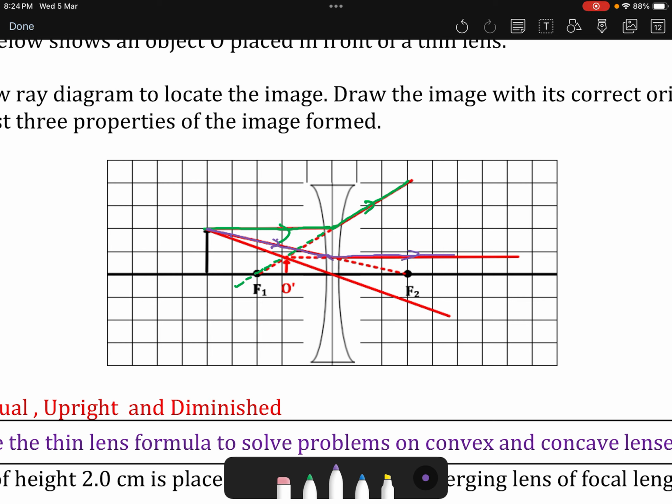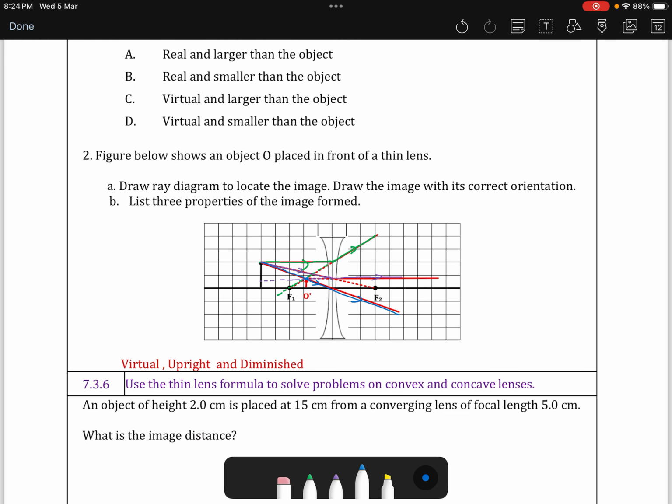Again, we take the origin. Last one, the middle, it will not refract. So as you can see, they all meet at this point. So the image is virtual because it's on the same side of the object. It's upright and it's smaller in size, or we can say diminished.